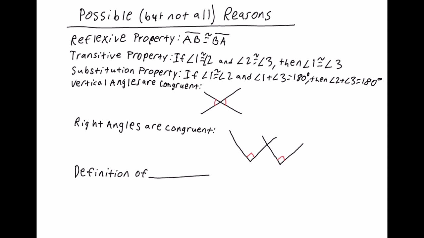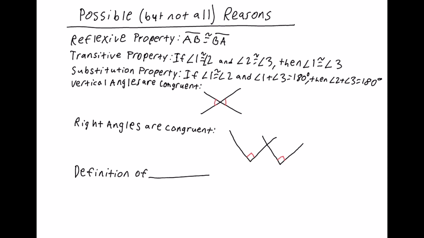Alright, the last one I'm going to talk about is definition of blank. I put the blank there because there's an endless amount of phrases that you could put in for that blank. It's definition of things that we've learned in geometry, whether they be perpendicular lines, angle bisectors, midpoint, perpendicular bisectors, segment bisectors.